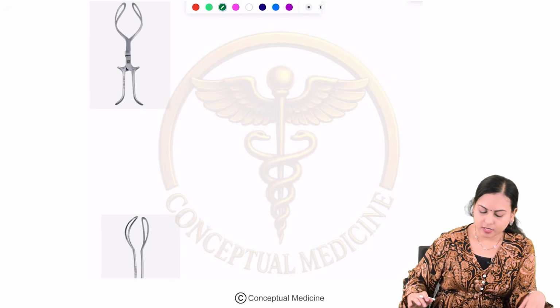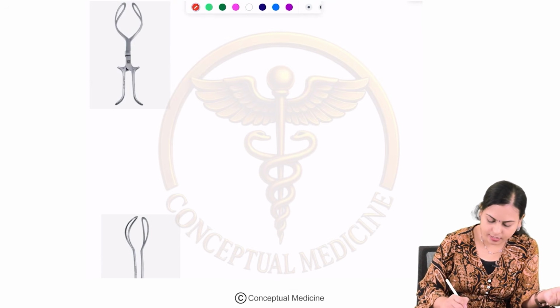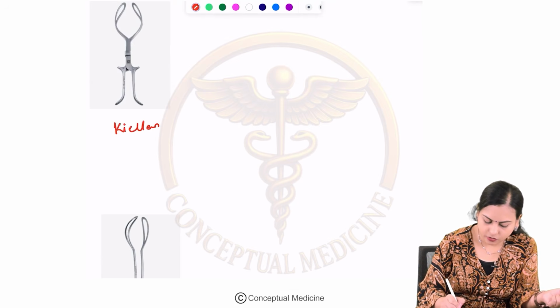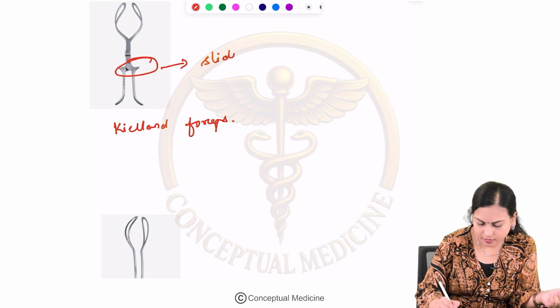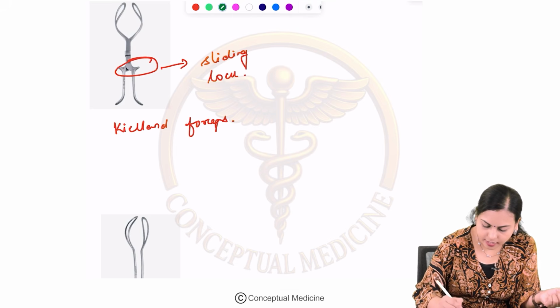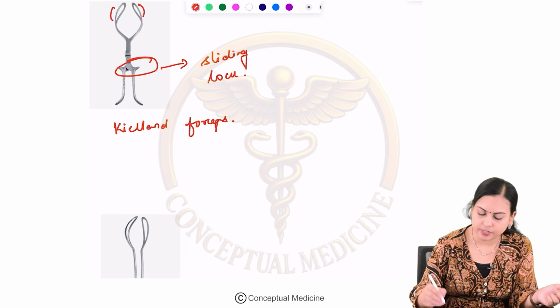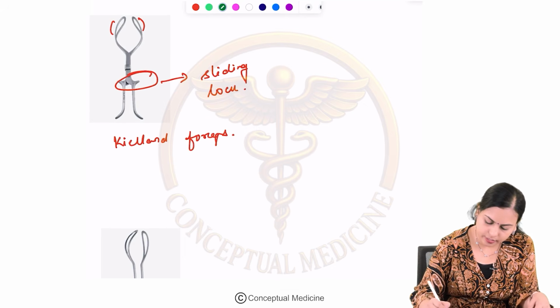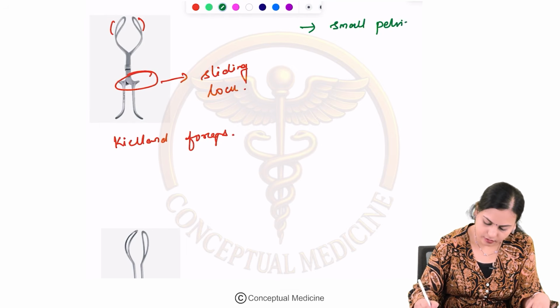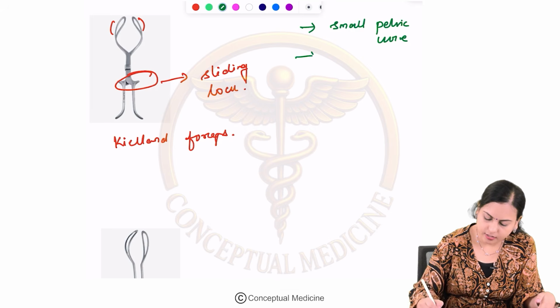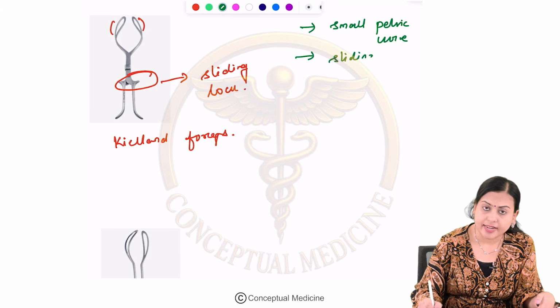And the next type of forceps is Kielland forceps. Okay. Here you have a sliding lock. Okay. So that is the difference. And it also has a small pelvic curve. Okay. The pelvic curve is very small. So features include it has a small pelvic curve and it has a sliding lock.